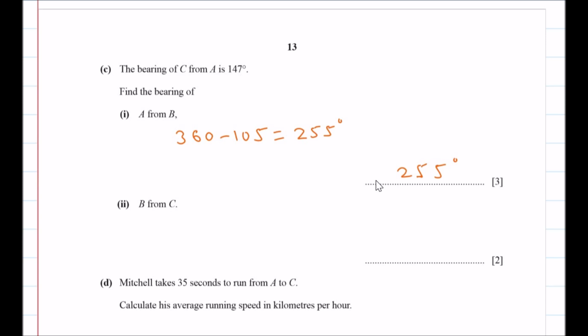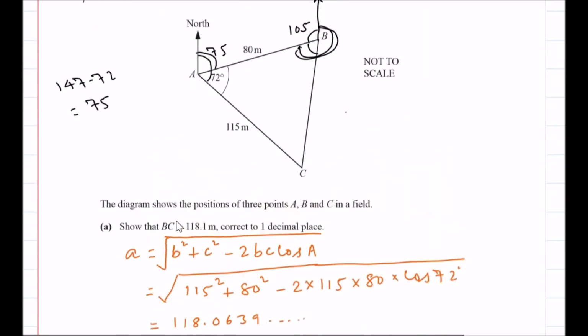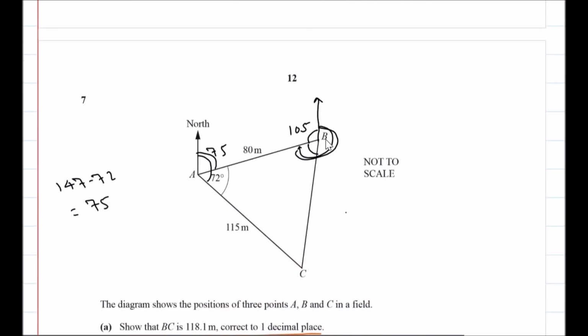B from C. To find B from C, what we need to do? Let us see in the diagram. B from C means we need to draw a north line here. Okay.